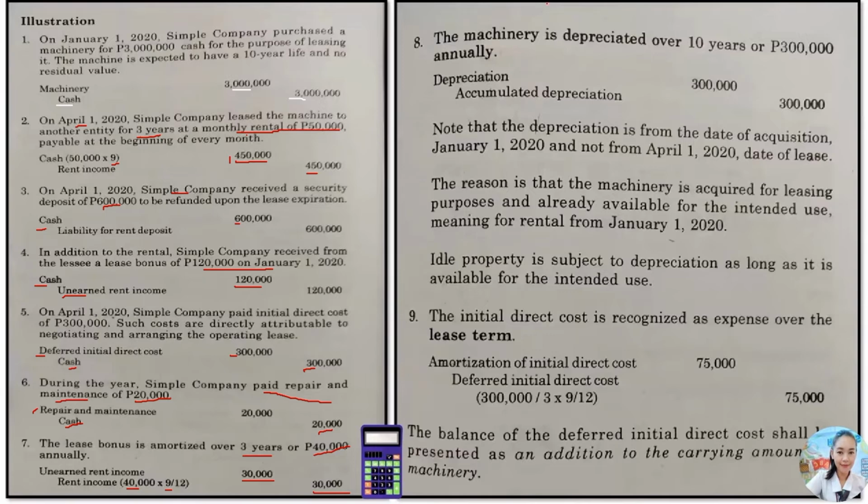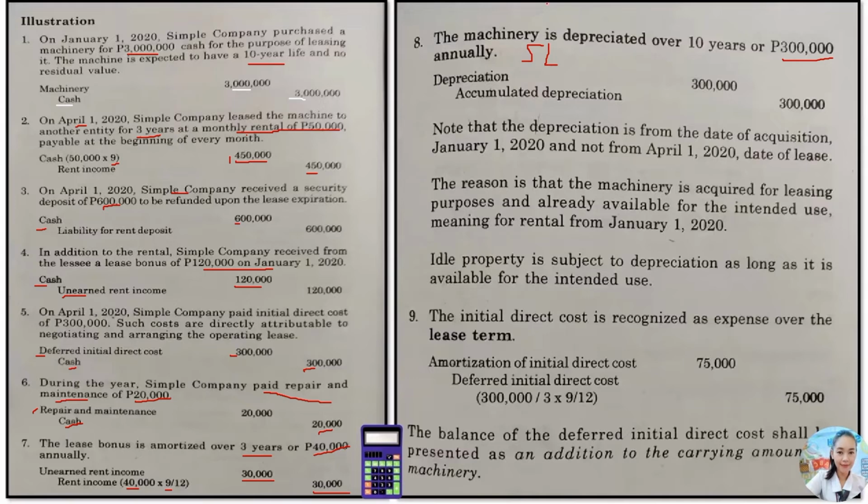Alright, now let's go to the depreciation. The machinery is depreciated over 10 years, or 300,000 annually, using the straight line method. The cost of the machinery is 3 million, divided by 10 years, since its life is 10 years with no residual value, so the annual depreciation is 300,000.